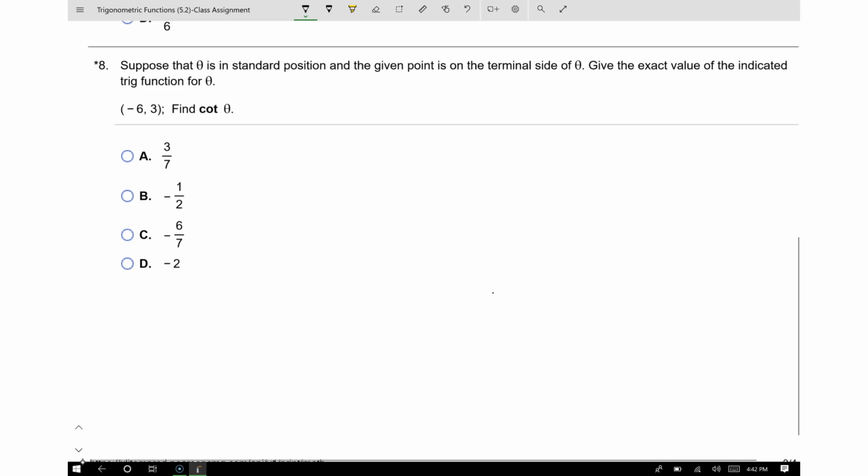Now for the last one, once again, it's the same process, but this time it's a little bit different. We know that this is the x-axis and this is the y-axis, and we want to find the cotangent of theta, which will be 1 over the tangent of theta. So we're going to have to get the reciprocal of tangent to get cotangent.